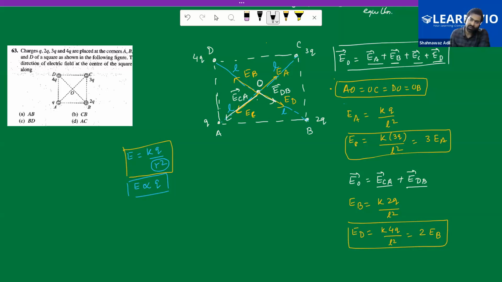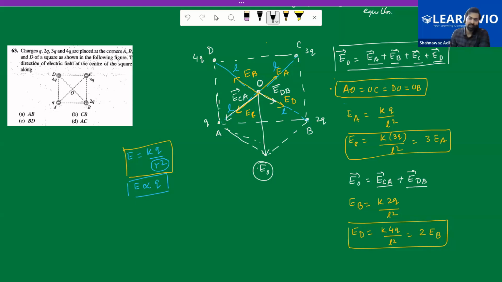Now I have to find the electric field due to ECA and EDB. So I will make a parallelogram, right? And this would be the net electric field. So this would be EO. Is it clear?